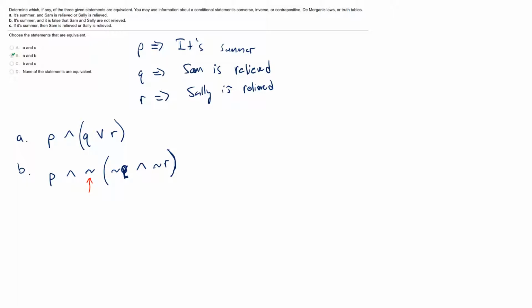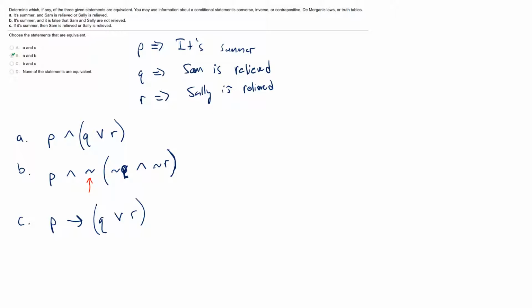Sam and Sally are not relieved, neither one of them, so not Q and not R. Statement C, we see we have an if and then, so if it's summer, so if P, then Sam is relieved, that would be Q, or Sally is relieved, R. And based on the position of the comma in statement C, I can put parentheses surrounding the Q and the R.